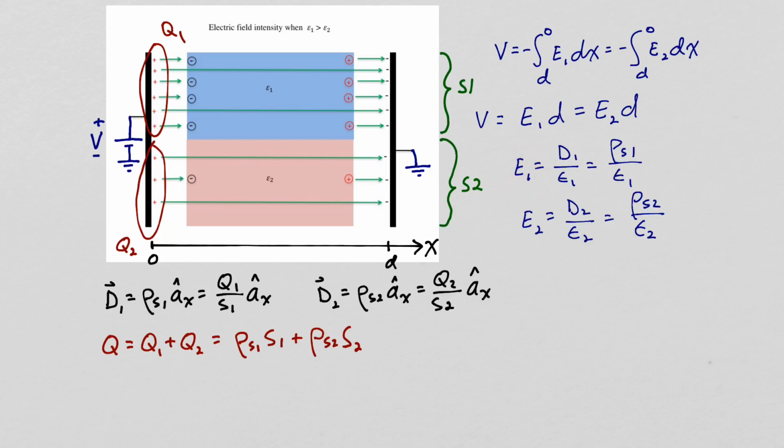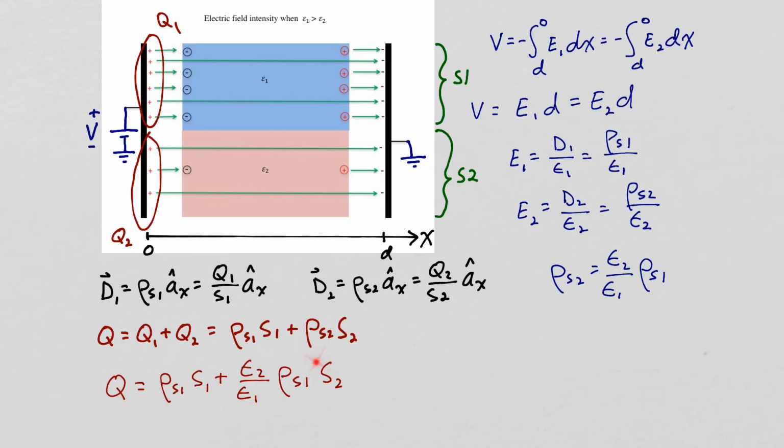Since the electric field intensities in the two materials are the same, rho sub S2 is equal to epsilon sub 2 over epsilon sub 1 times rho sub S1. Let's now substitute this for rho sub S2 so we get our equation for Q just based on rho sub S1.